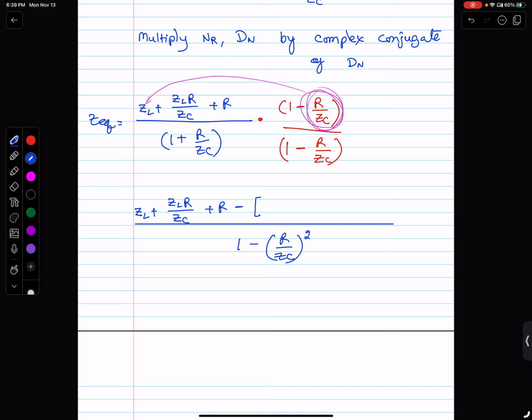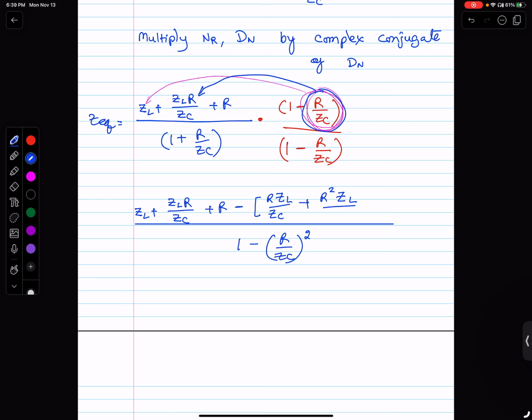So I have R times ZL divided by ZC, plus the same term multiplying this guy. So that becomes R squared ZL divided by ZC.